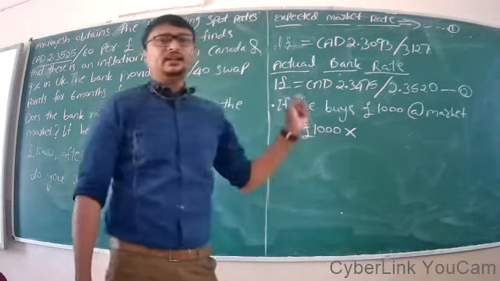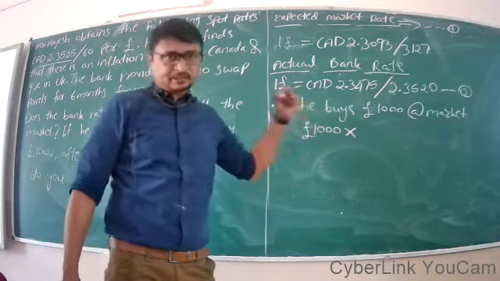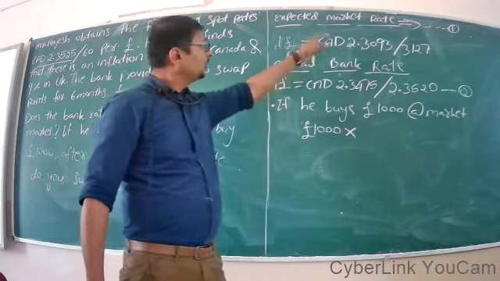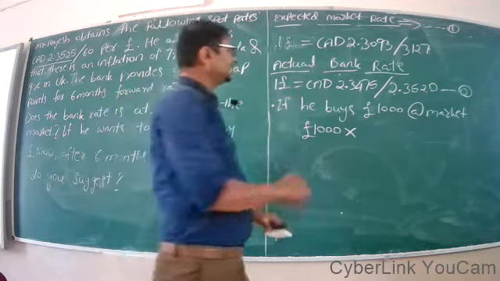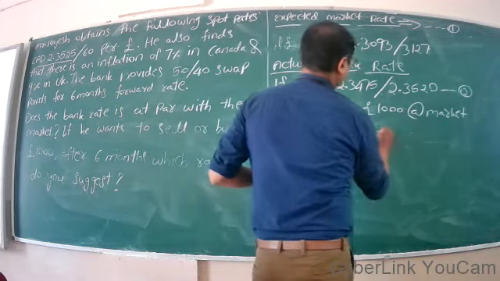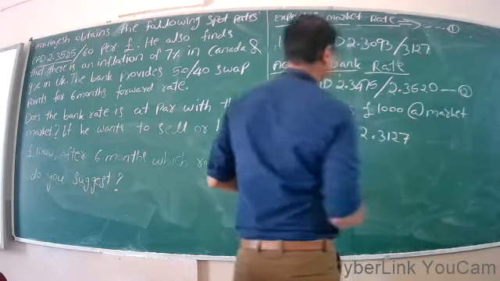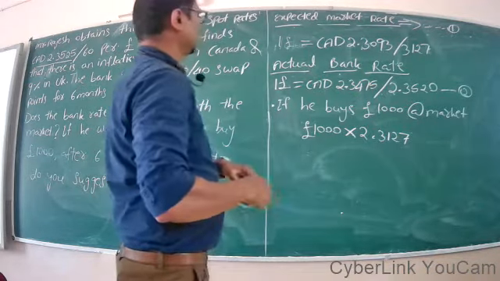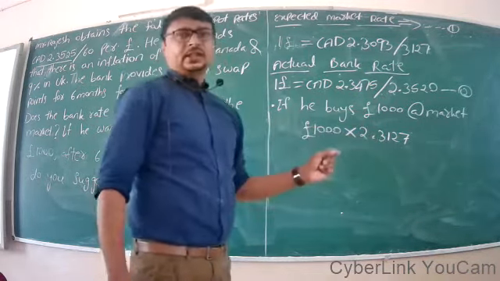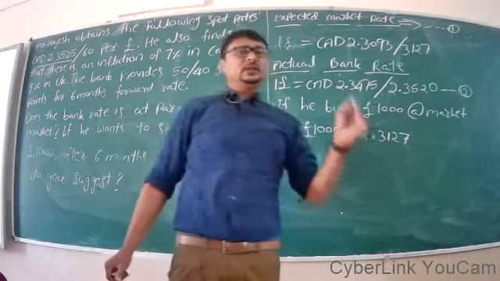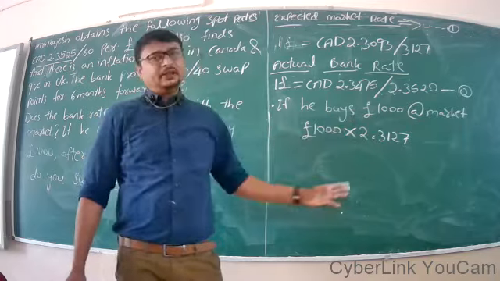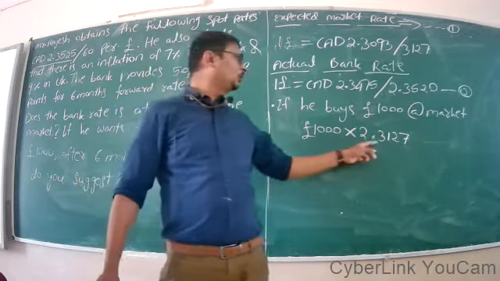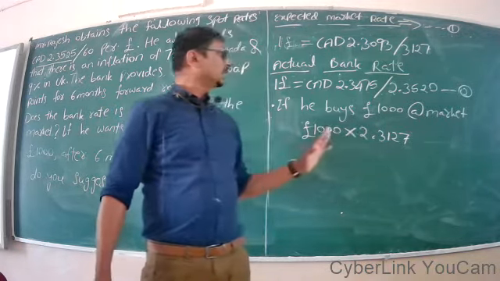So market sells at ask price always. So the market's ask price is 2.3127. So for a single sterling pound, if he is buying from the market, he has to pay 2.3127 Canadian dollar.